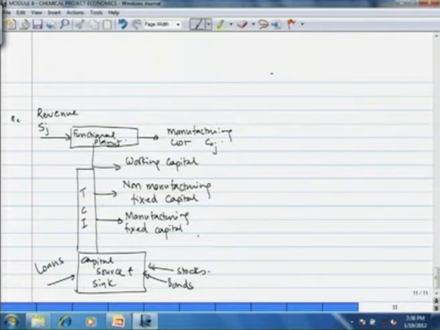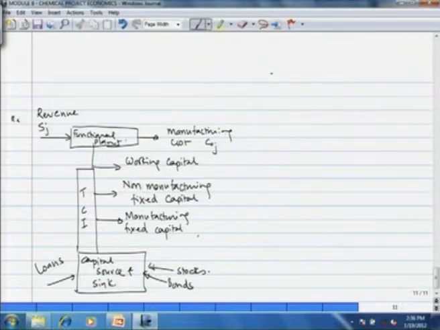Now the manufacturing cost also includes the item of depreciation, or the subcomponent of depreciation, that we are going to deal with in greater detail later in this module. But let us say that manufacturing cost C naught J is not including the depreciation.